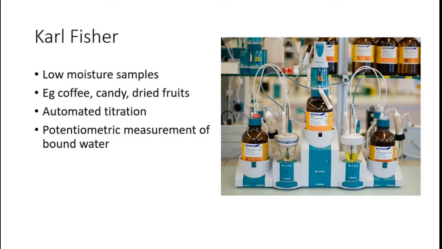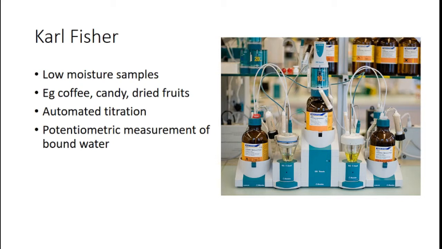As I mentioned, some samples are slightly more difficult to manage, and there are a few other ways of dealing with measuring moisture content. In certain food products, the moisture content just happens to be extremely low, such as in coffee or hard candies or dried fruits. The moisture content in many cases is bound up with the colligative properties of the different solutes within the product, and therefore the water is bound, in essence, to the food product and very difficult to pull off through the gravimetric method.